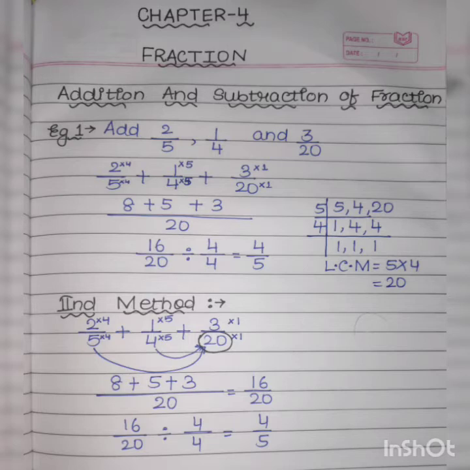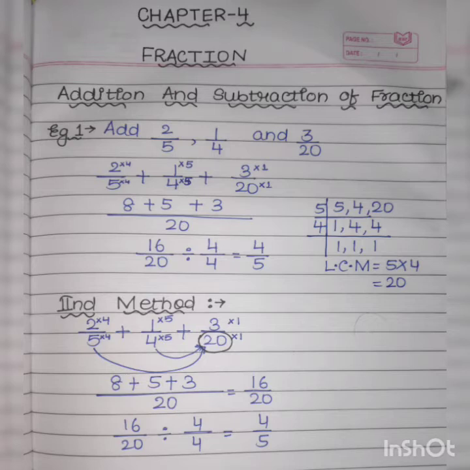Now students, see the second method. It is the shortcut method to do the addition of fractions. So now the first step we have seen is we have to make the denominators same. How can we do it? Now first see students, which denominator is the greatest? 20.